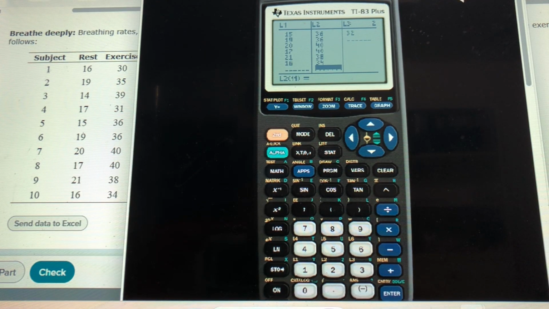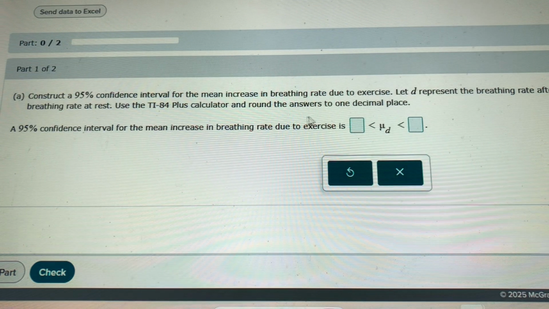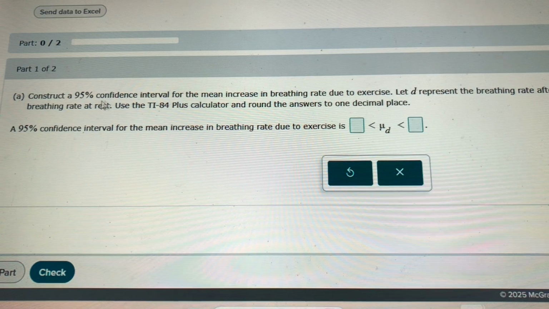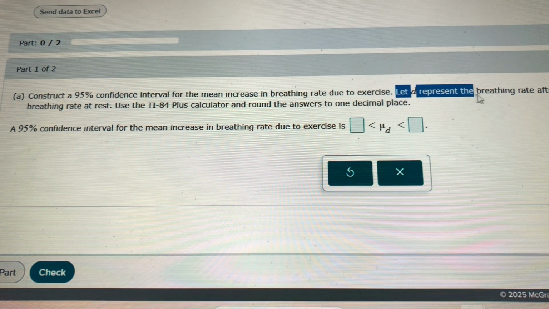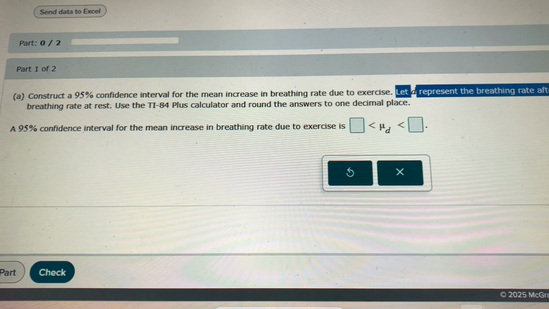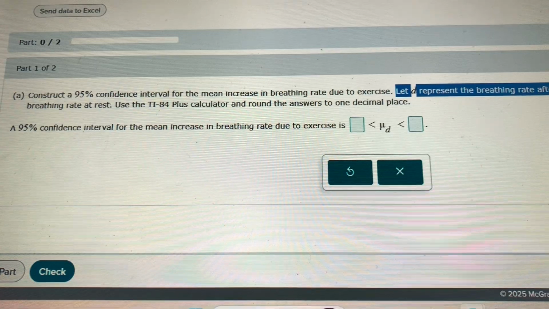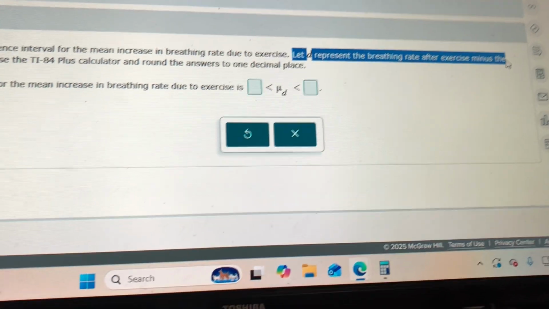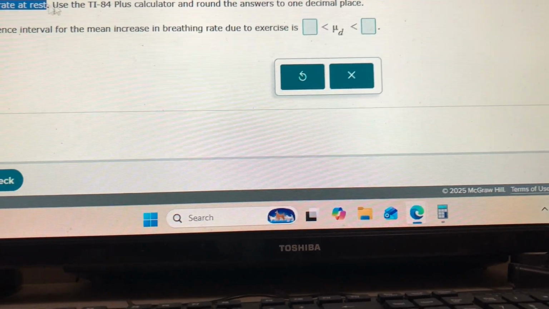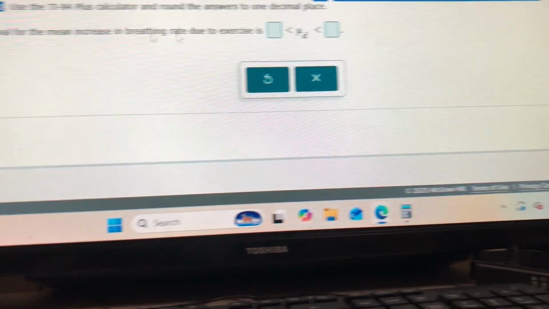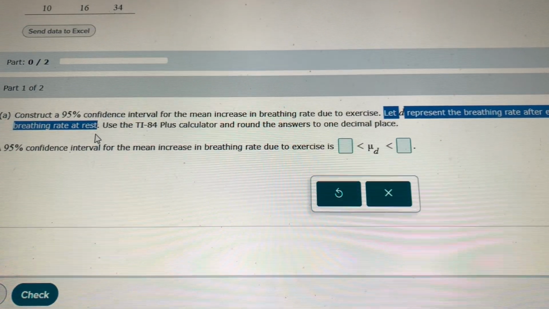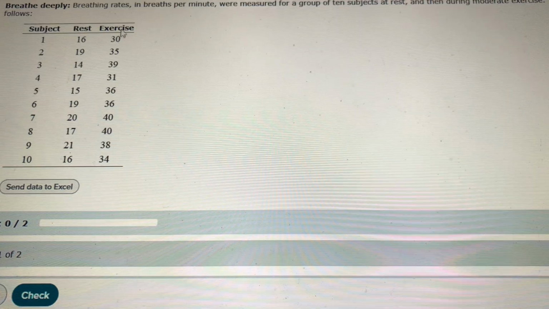So say you did that, and then you go to this question, and it says, find a 95% confidence interval for the mean change in breathing rate due to exercise. And then it says let D represent the breathing rate after exercise minus the breathing rate at rest. And you're like, oh, it's exercise minus rest. But I did rest first and exercise second.